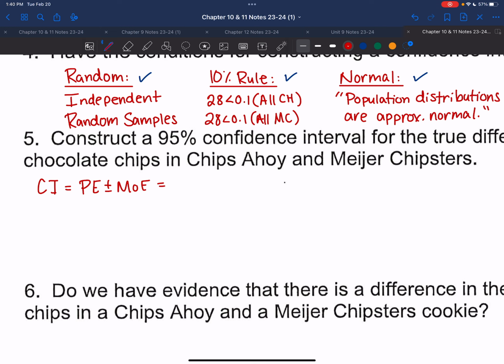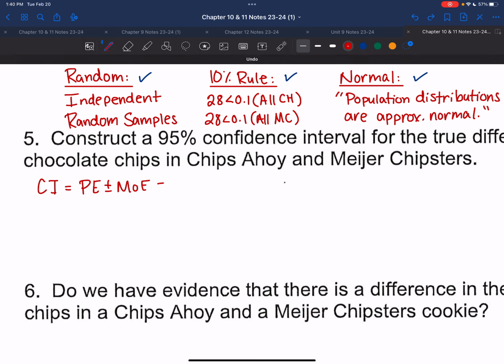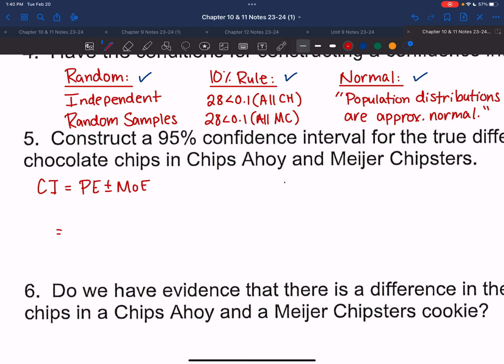Okay, so if I wrote that out, it's the same thing as x bar 1 minus x bar 2, plus or minus t star times our standard error. So the square root of s1 squared over n1 plus s2 squared over n2.